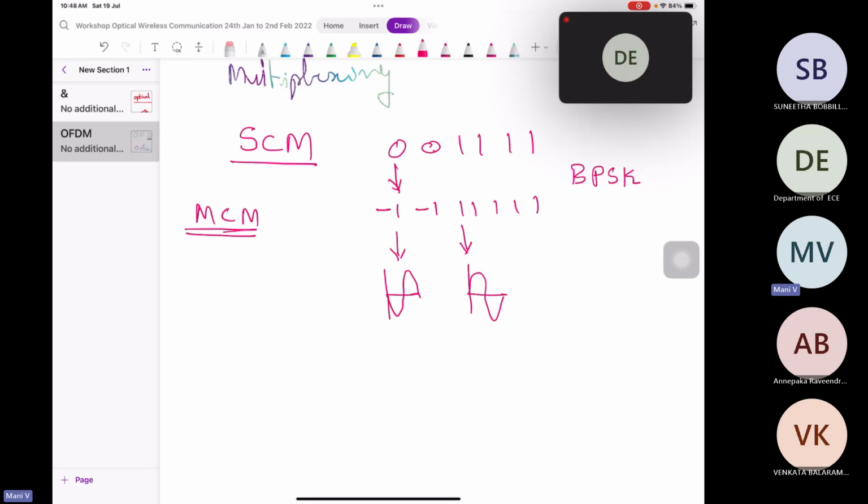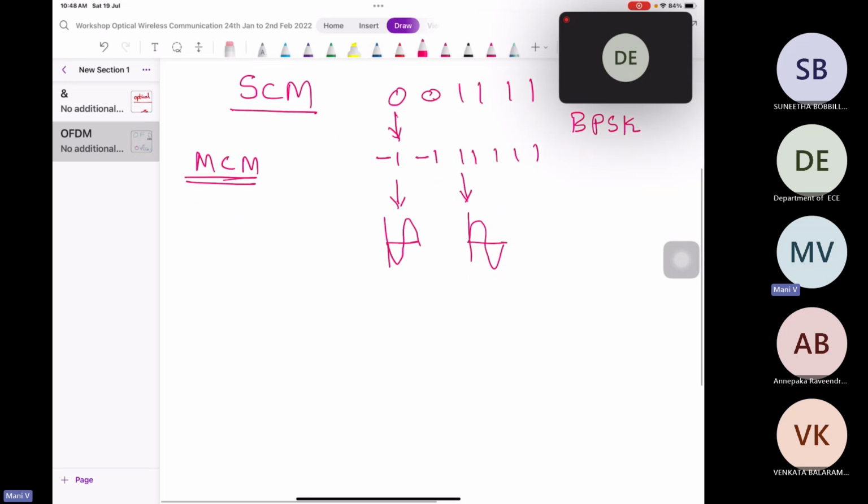You will be uniquely decoded with your values. So in multi-carrier modulation systems, many people ask to be added into the network, and each one must be identified with a different frequency. That means each frequency is F1, F2, F3. Suppose there are 100 users, each one is given one of 100 carriers.